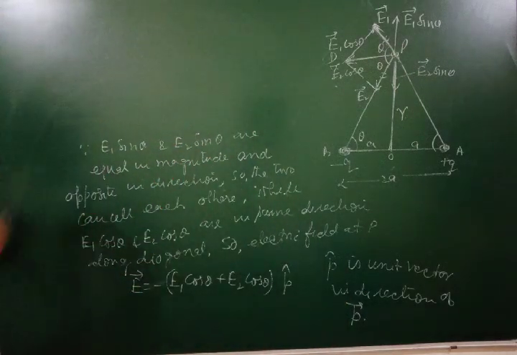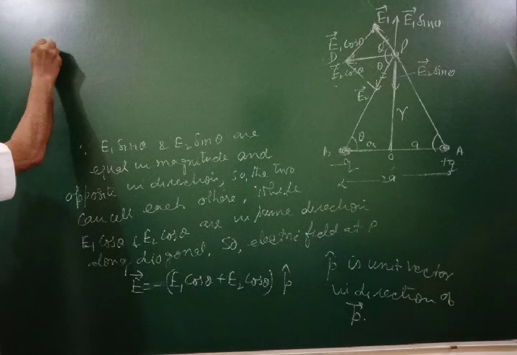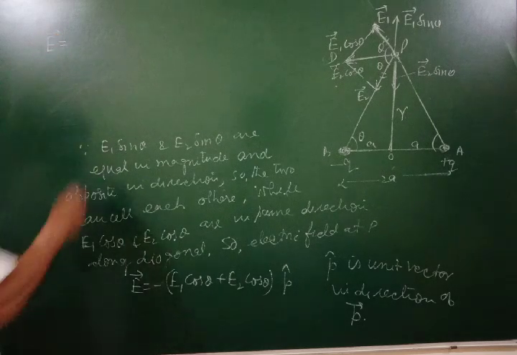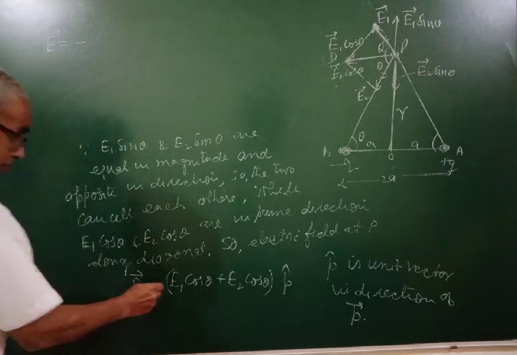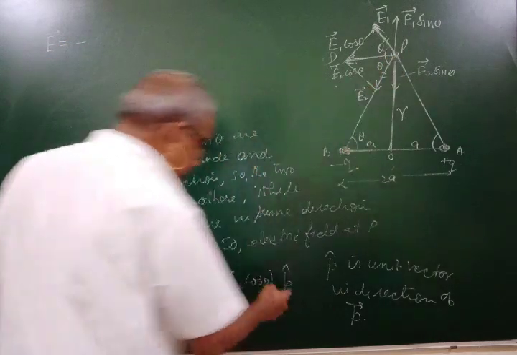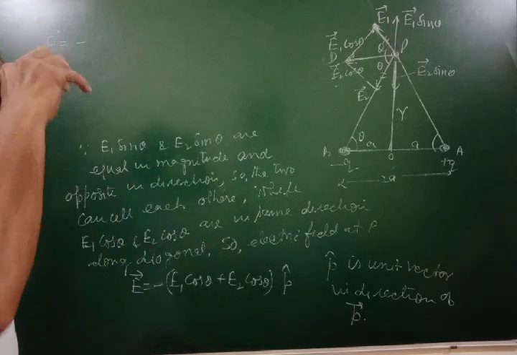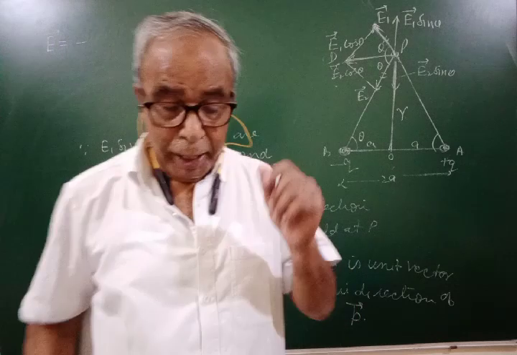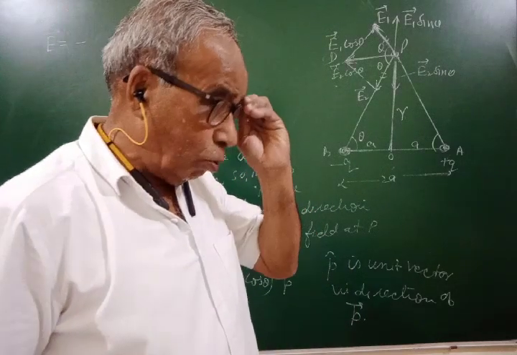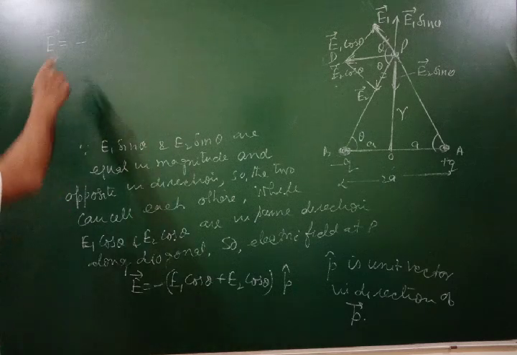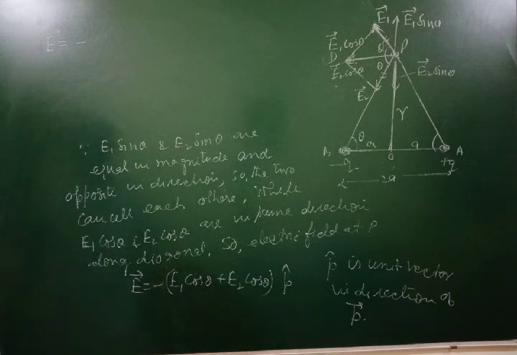So we get here vector E equal to minus. Why did I put the minus? Because this E is opposite to P cap. P cap points from negative to positive. Direction of dipole moment of electric dipole is from negative to positive. So minus sign is necessary here.